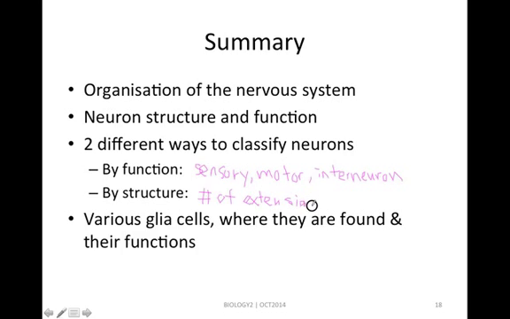Number of extensions from the cell body. And lastly, you must know the functions of the Glia cells very well, as well as where they are found, whether they are found in the CNS or PNS.